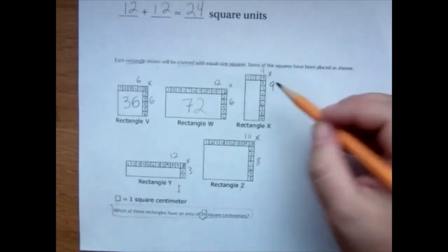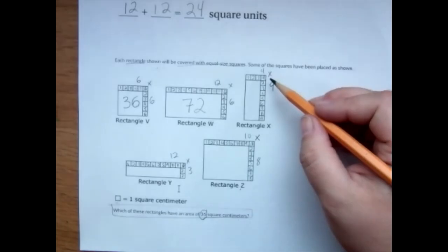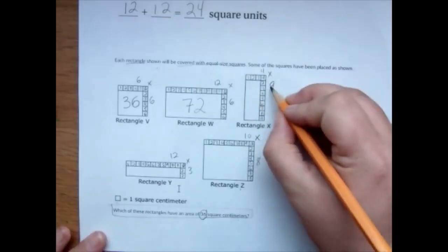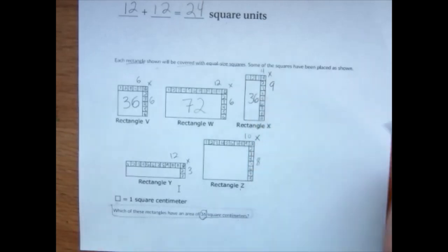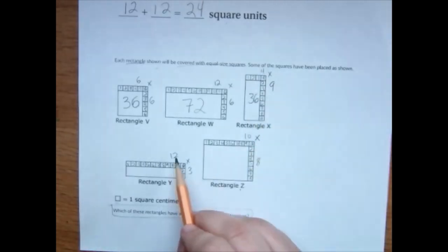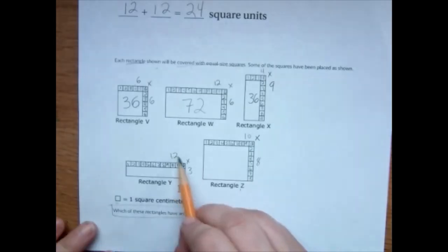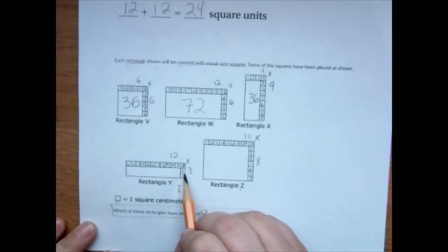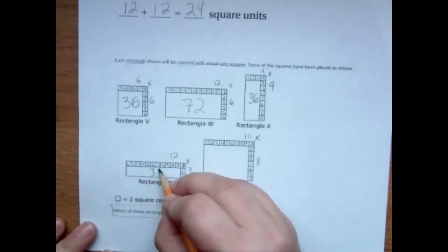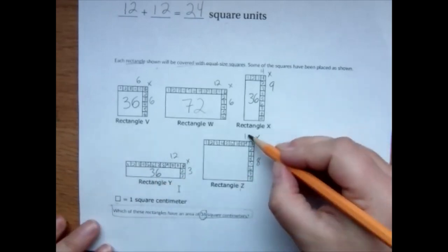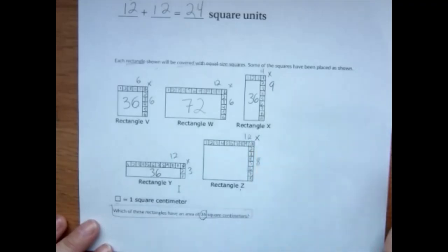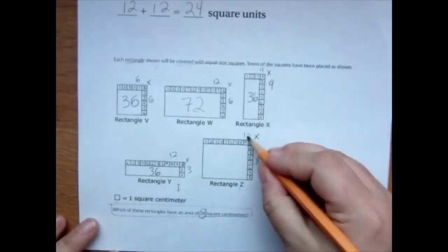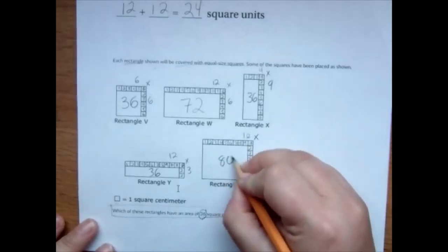And now I can move over to 4 times 9. 9 is 18, double 18 is 36. And then 12 times 3. 12 doubled is 24 plus another round of 12 is 36. And then I know that anything times 10 is going to be that number with a 0 behind it as if it's in the tens place. So 10 times 8 is 80.